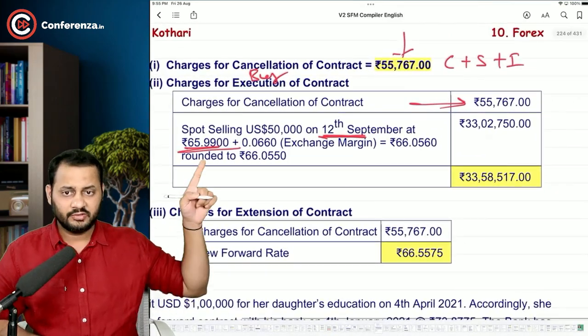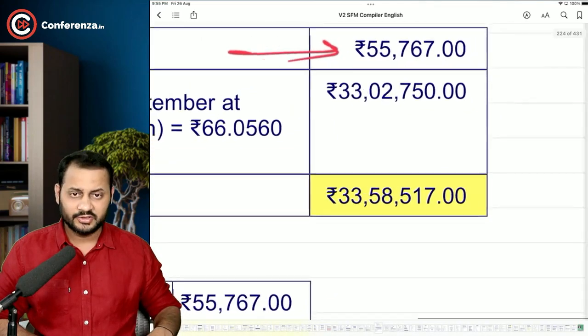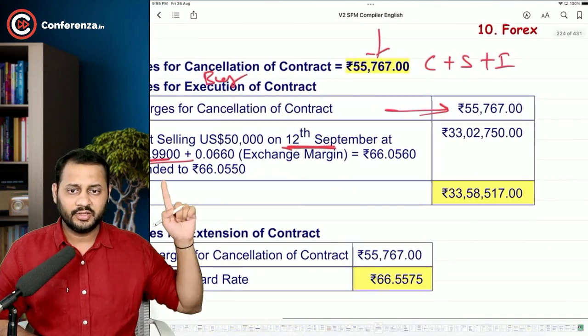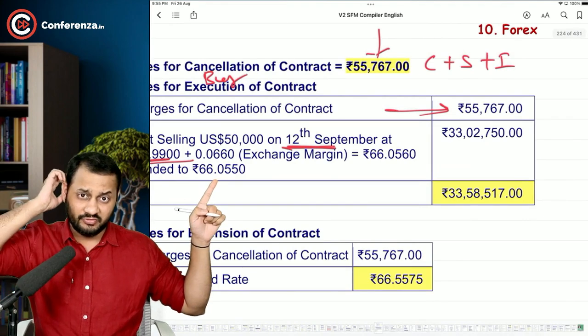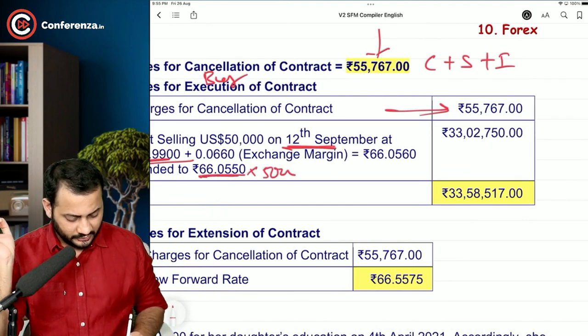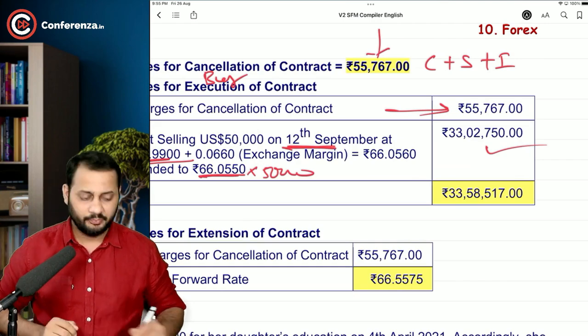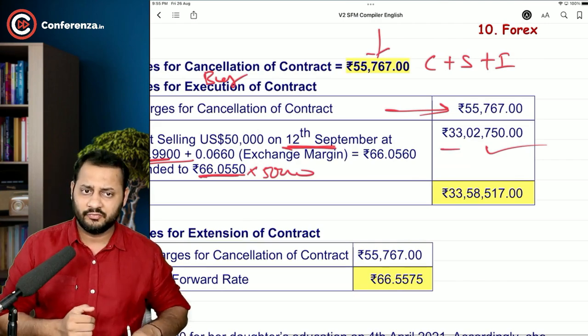See, 65.99 add margin, the rate will be 66.0560, which will be rounded off to 66.0550. Now apply that rate, 66.0550 into 50,000. That's 33,02,750. Pay this much of the amount and get the delivery if you want it.